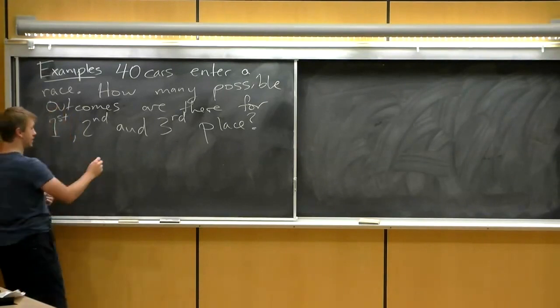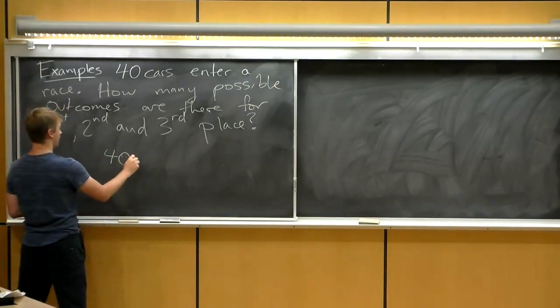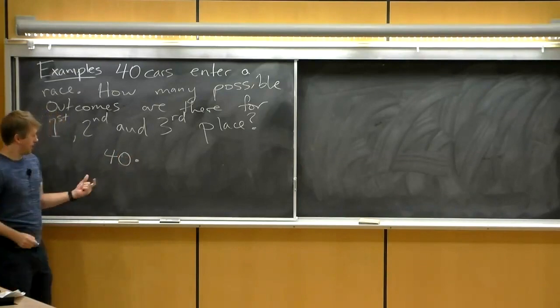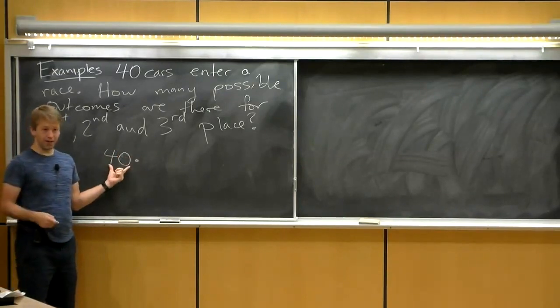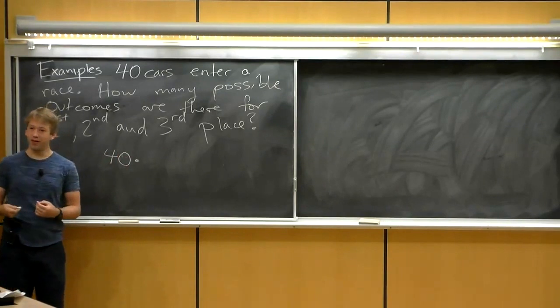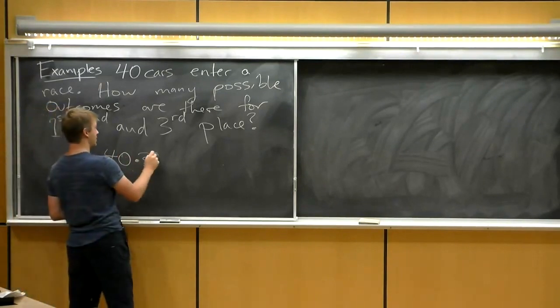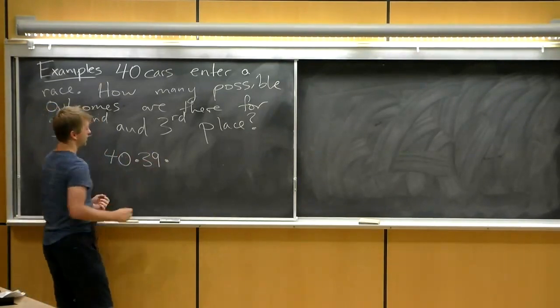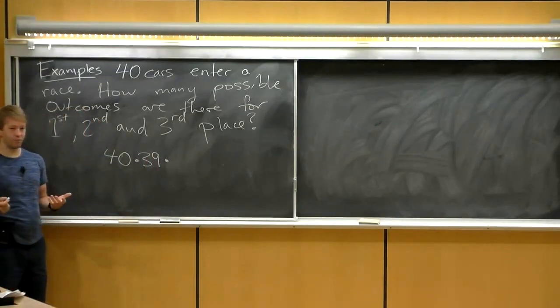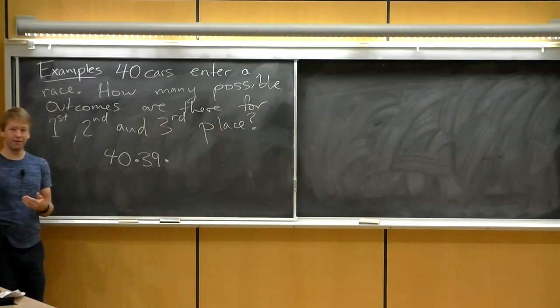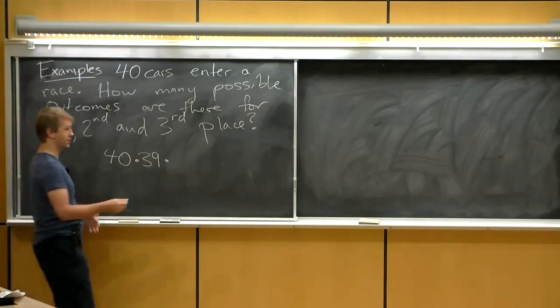There's 40 ways to do that. And then after you've chosen first place, there's going to be 39 ways to choose second place. And once you've chosen first and second place, there are 38 cars left, so 38 ways to choose third place.